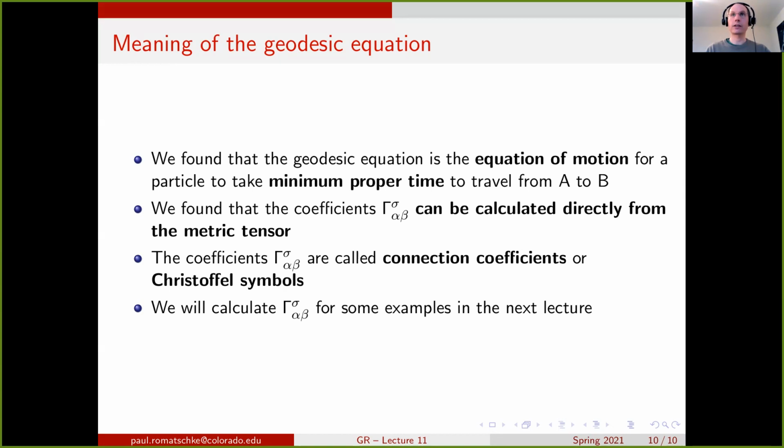But the main message is that the geodesic equation essentially replaces Newton's equation in flat space by an equation that tells you which path a particle will take if it takes minimum time from A to B. And we'll find that the common knowledge that the path of minimum time for a particle to go from A to B is a straight line will change in gravity. So we'll get interesting paths of shortest time to get from A to B from the geodesic equation. And that concludes the presentation.